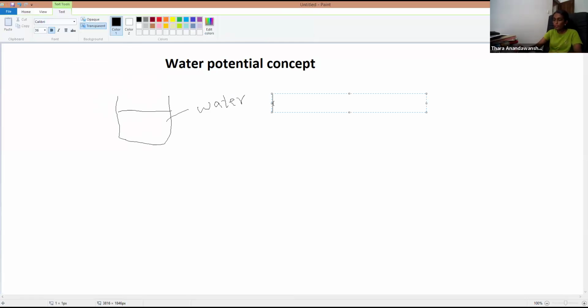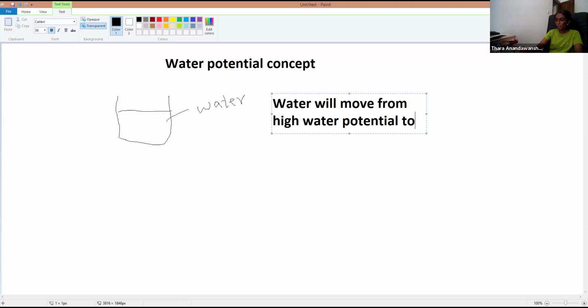Always water will move from high water potential to low water potential. Water is always moving from where to where? High water potential to low water potential. Can you understand that?